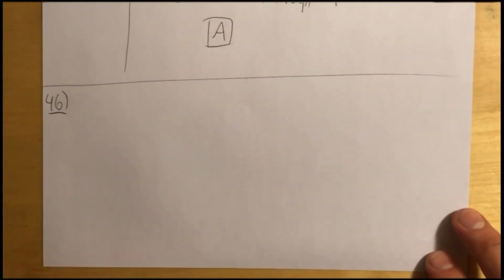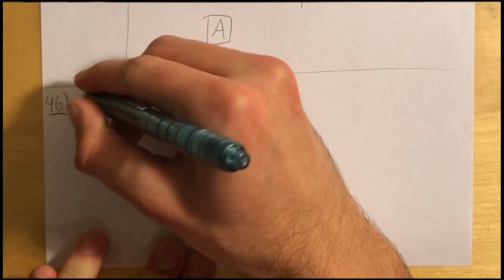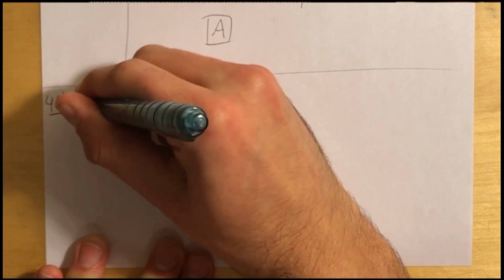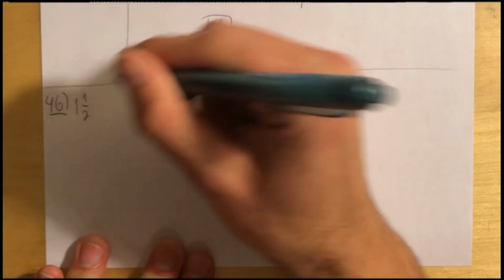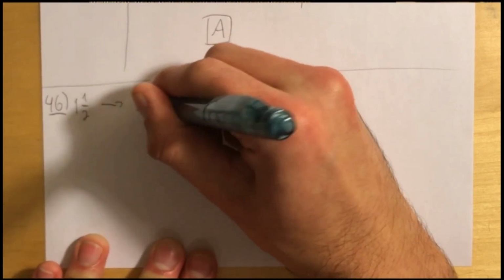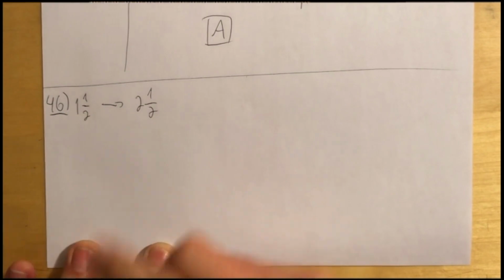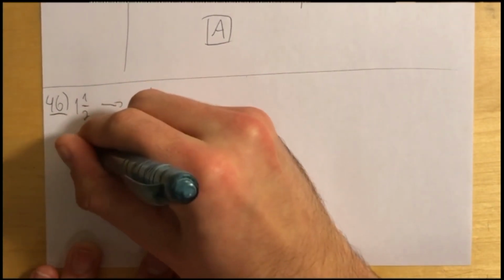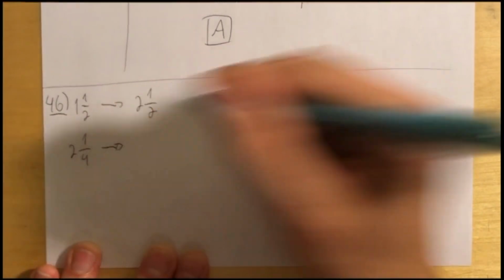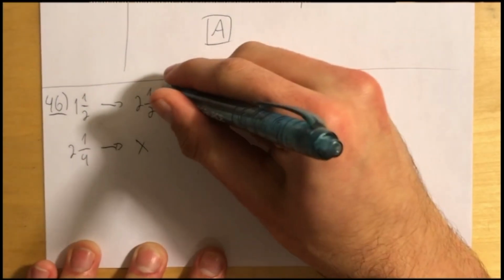So this problem is just going to be simple cross multiplication. The original recipe says 1 1/2 teaspoons of yeast, 2 1/2 cups of flour. But then she will use 2 1/4 teaspoons of yeast, and we want to know how many cups of flour she's going to use.